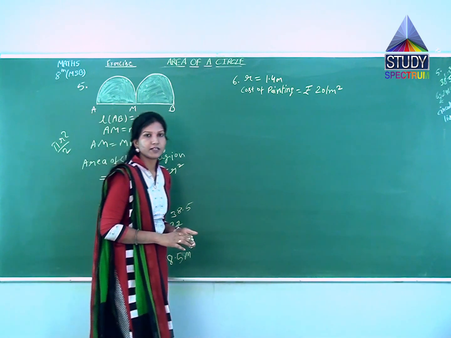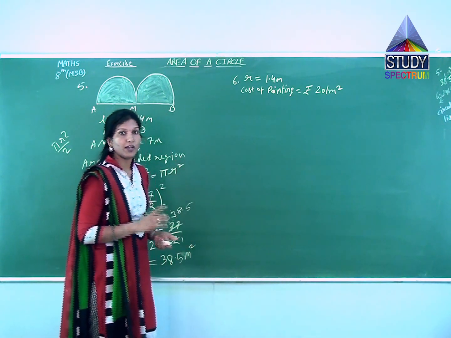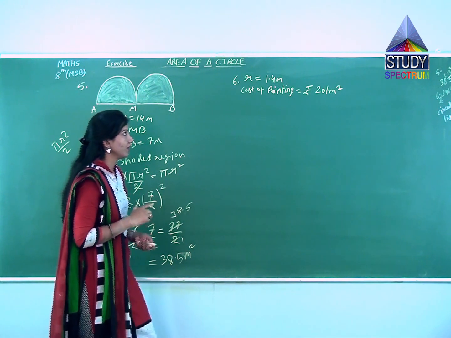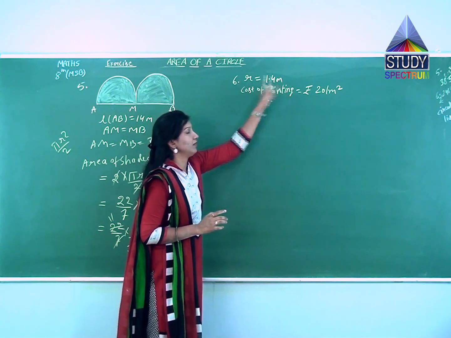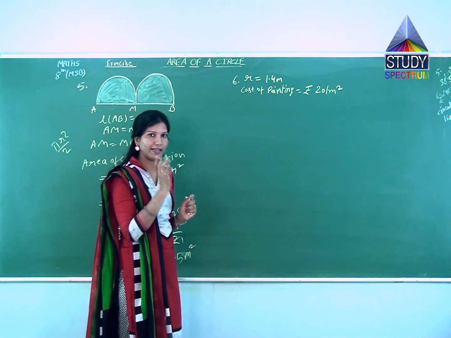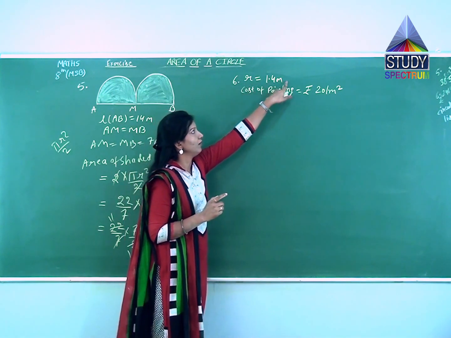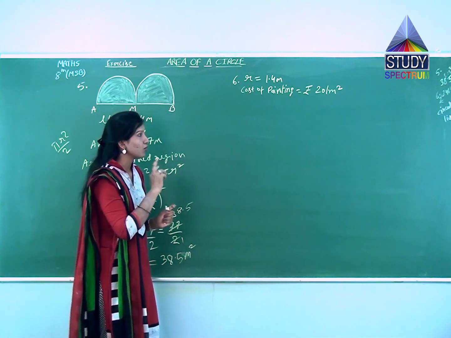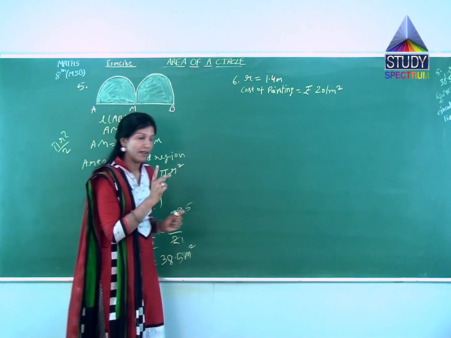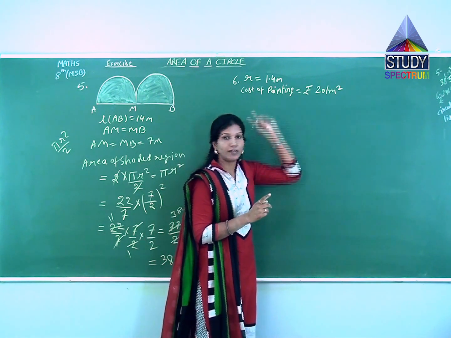In question number 6, it is given the radius of a circular lid of a tank is 1.4 meters. एक सर्कुलर टैंक है, उसके लिड का जो रेडियस है that is 1.4 meters, and we have to paint both sides of this lid, and the cost of painting is ₹20 per meter square.